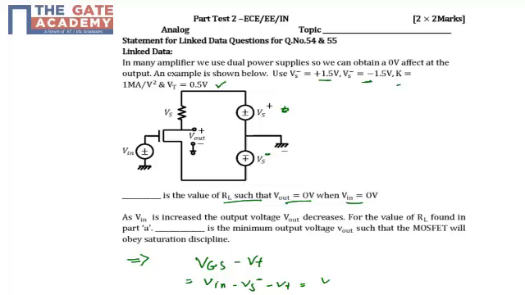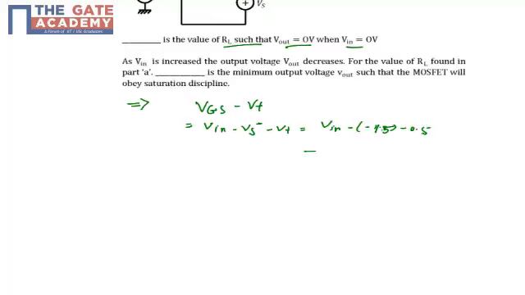So it is Vin minus (minus 1.5) minus 0.5, which is equal to Vin plus 1 volt. For this case, when my input is 0, because I want the output to be 0 for input 0, VGS minus VT is equal to 1 volt.